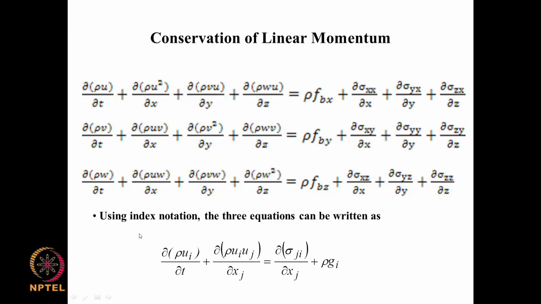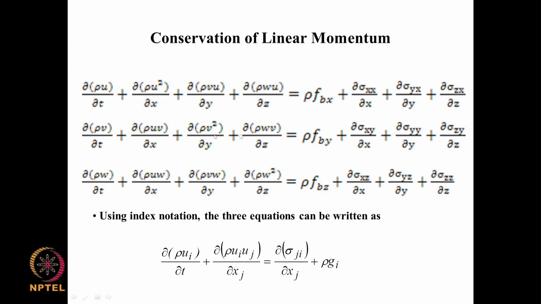Similarly, this is the conservation of momentum in the x direction, where F is the body force per unit volume, and the y direction conservation of momentum is very similar. Since we are dealing with x momentum, we get u component here.